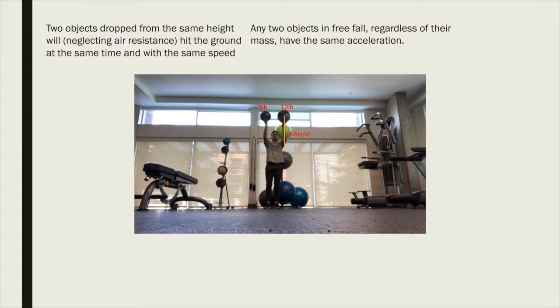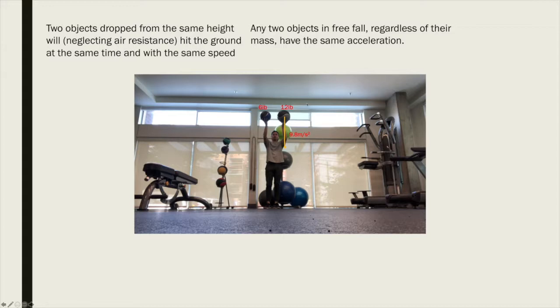So in the textbook, especially in the free fall section, it states that two objects dropped from the same height, neglecting air resistance, will hit the ground at the same time and with the same speed, as I have noted here. And then finally, any two objects in free fall, regardless of their mass, have the same acceleration.